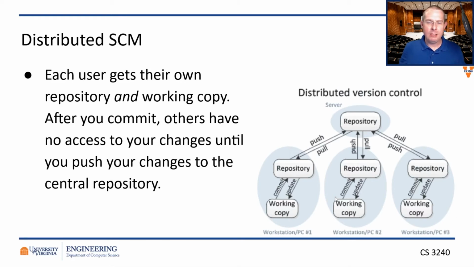distributed increases the number of repositories. So there is a single repository on the server that's considered the origin. This is a term that you see in Git and GitHub. That origin is considered kind of the main repository. Now, when you pull it locally, you don't use the word checkout.